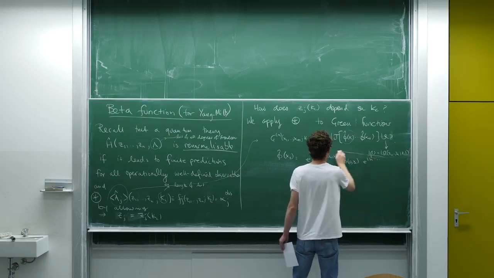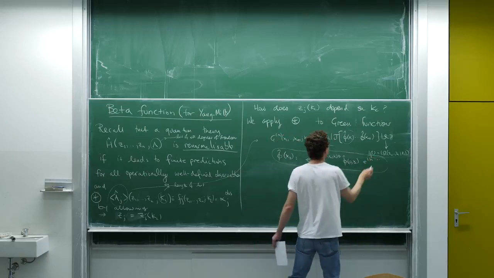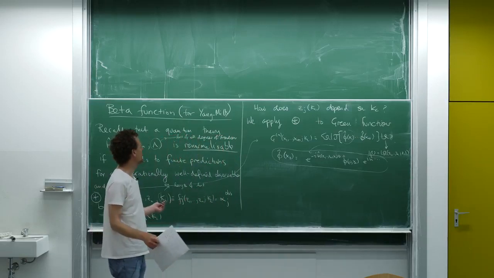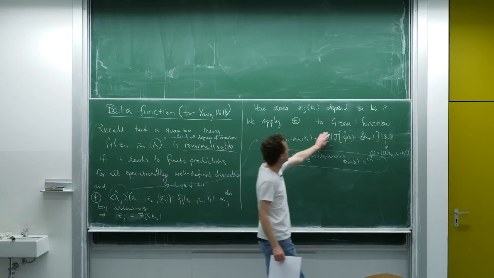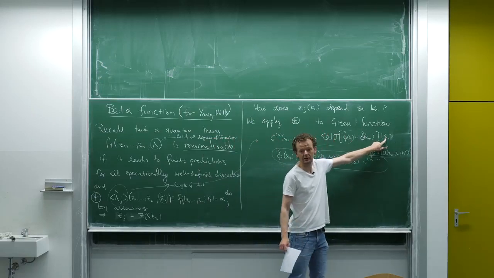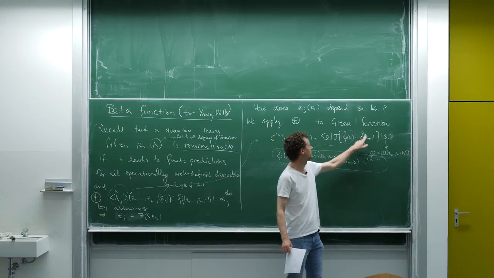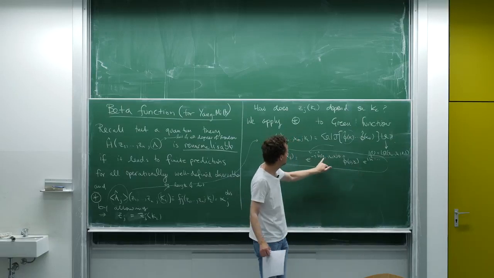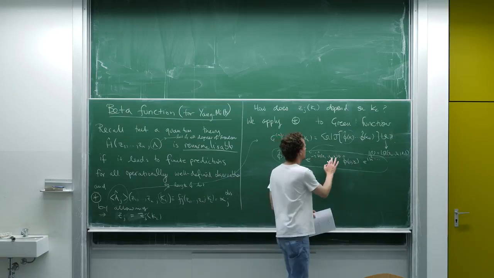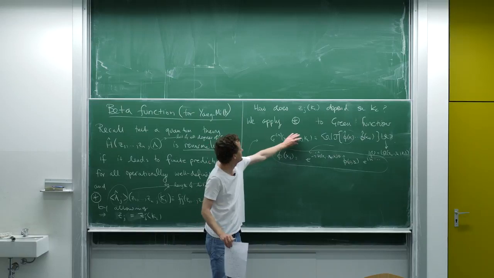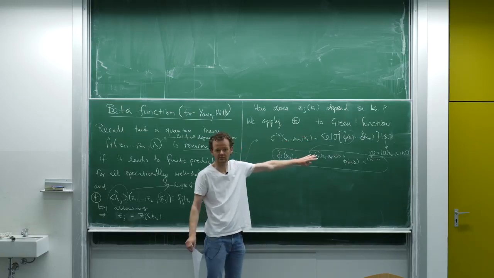So the coupling constants Z1 through to Zn and the cutoff appear all inside this expression, both in the vacuum vector of the cutoff theory and in the dynamics of these field operators. These are not at the same time slice, so h will appear, and h then depends on these coupling constants. So this whole expression, this Green function here, depends on all these things.